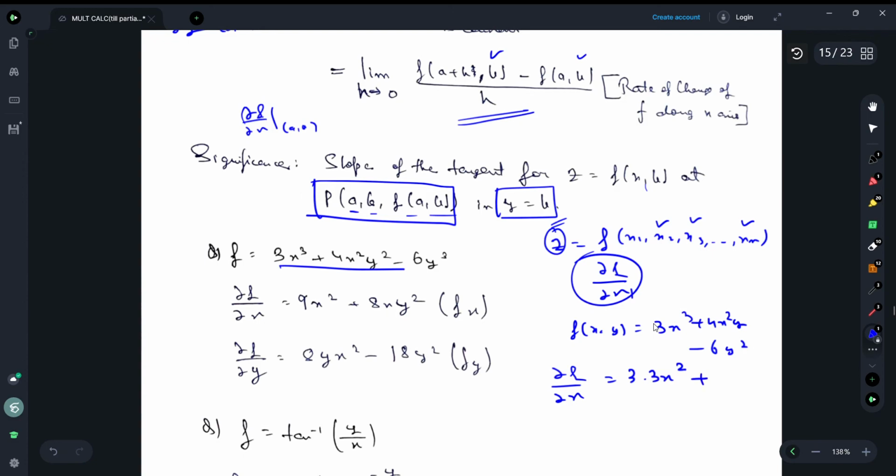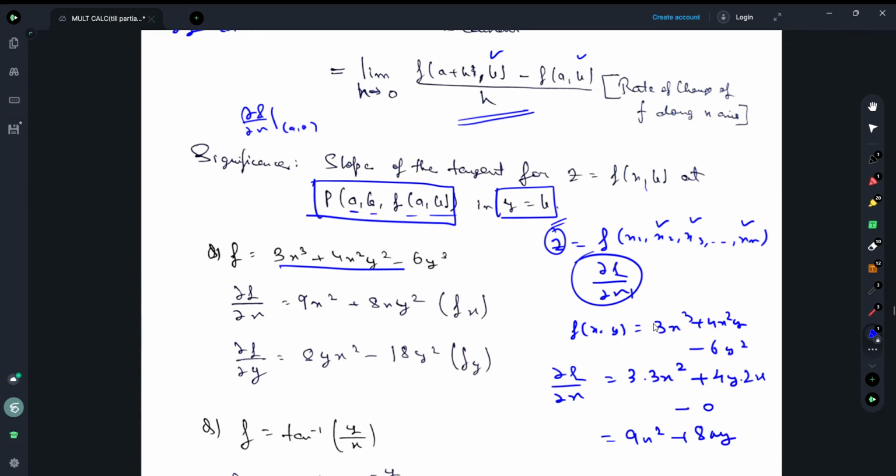Plus, now y is treated as a constant because we are differentiating with respect to x. So y is just a constant, so this gives you 4y, and the derivative of x square is 2x. Minus differentiation of y square will be 0 because y is treated as a constant. So this comes out to be 9x square plus 8xy.